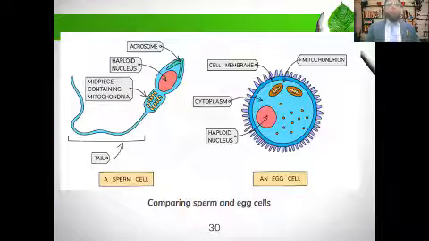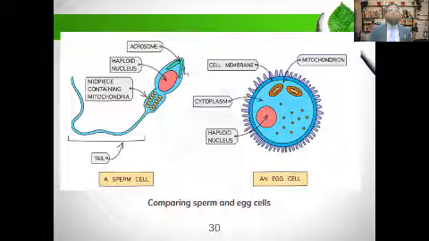Now see here, you can also see in the diagram that the sperm has a head with a specific part that we call the acrosome, which secretes a chemical that breaks down the outer covering of the egg. Then the head of the sperm, or the nucleus, is inserted into the egg cell and fertilization takes place.